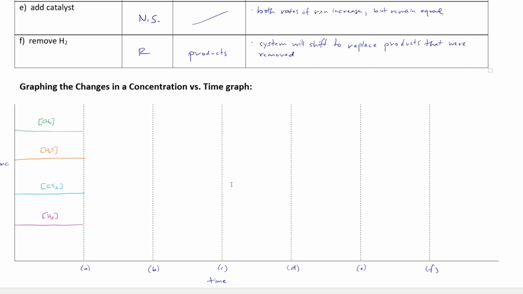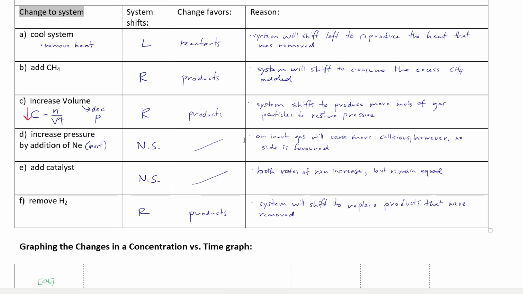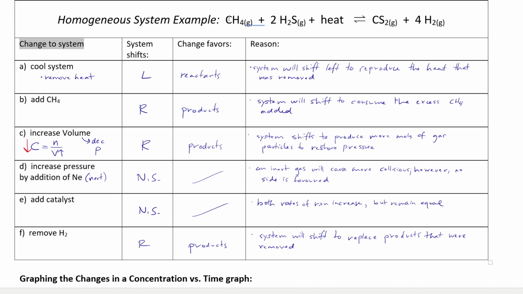If we look at the stress that was imposed at A, the stress imposed at A was to cool the system, and so the system shifted left. If the system shifted left, that means these were increased, right? The system shifted to replace the heat that was lost, and so concentrations of H2S and CH4 will increase if the system shifts to the left.